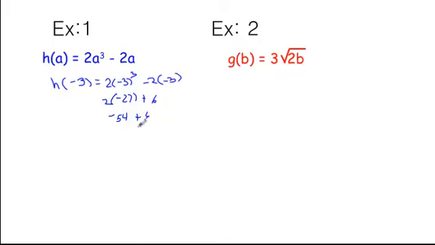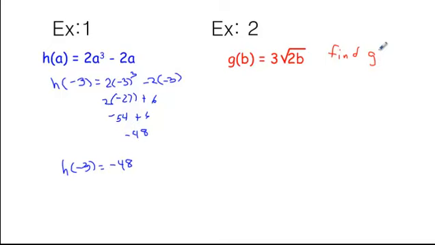Negative 54 plus 6 is going to be like 54 minus 6, but then put a negative in front of it. So it is going to be negative 48. So h of negative 3 equals negative 48.